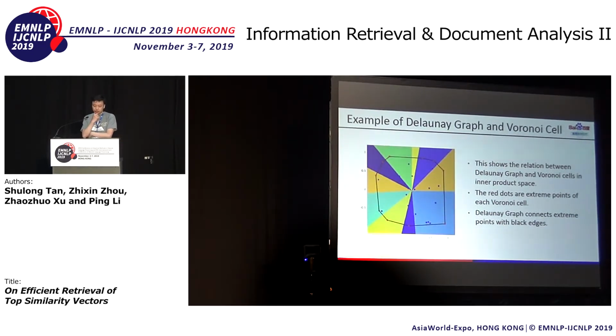So the red dots are the extreme points, and they can be the optimal solution of the inner product search. The Delaunay graph is formed by the black edges.